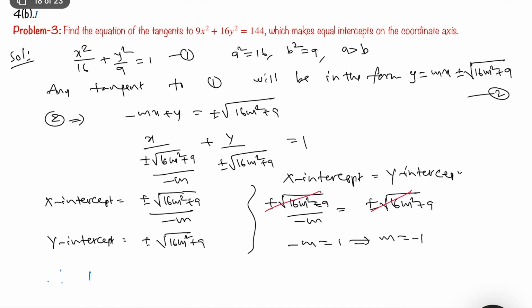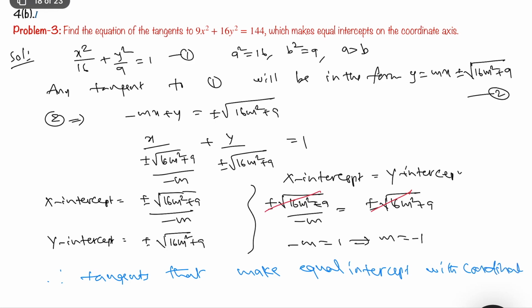Therefore, the tangents that make equal intercepts with the coordinate axes are y = -1·x ± √(16(-1)² + 9).